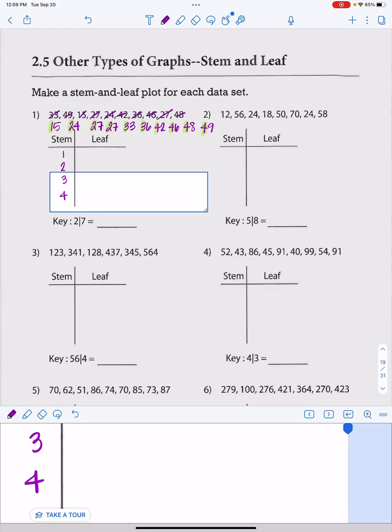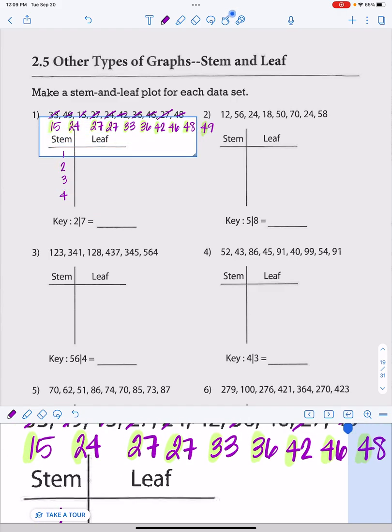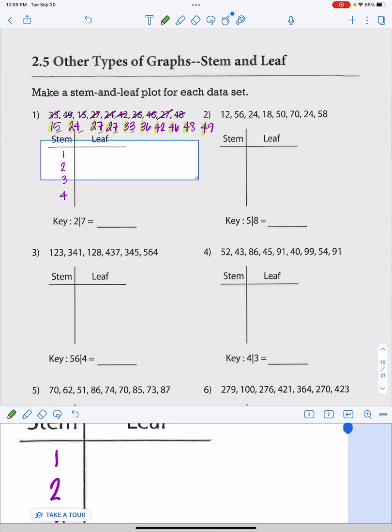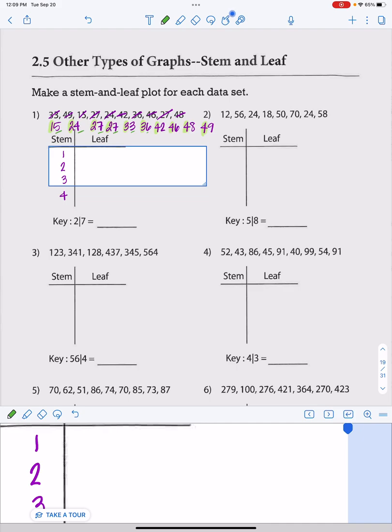Then on the opposite side where it says leaf, I'm going to take my little leftovers. So the 5 and the 4 and the 7 and the 7 and the 3 and the 6 and so on, and add them in the leaf spot. So I had a 15 and then a 24. I'm not going to create a new stem for the 27s. I'm just going to add my leaves of 7.